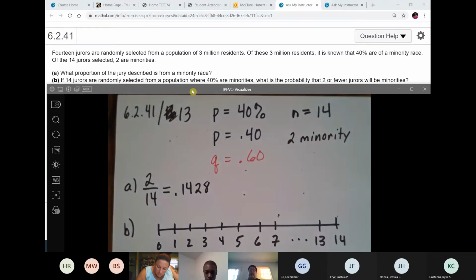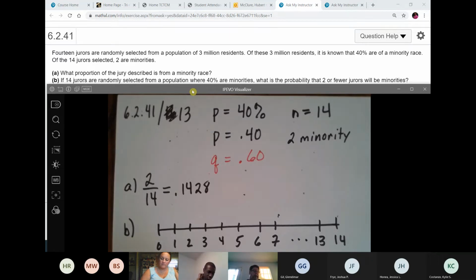Now, what does the word 2 or fewer jurors mean? I want you to highlight that. 2 or less. And I want you to write above where you highlighted the 2 or fewer, 2 or less.